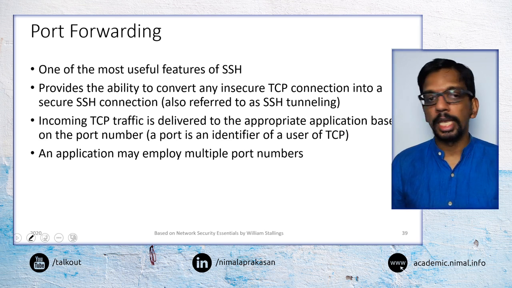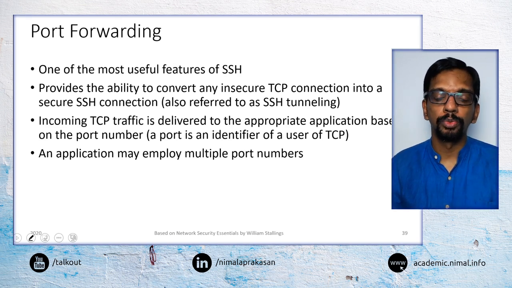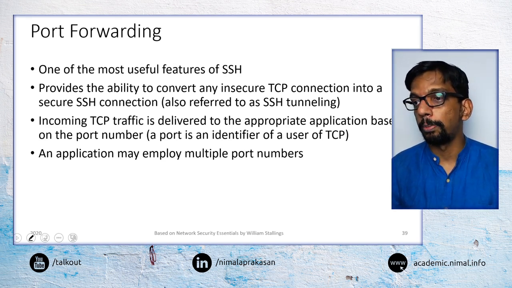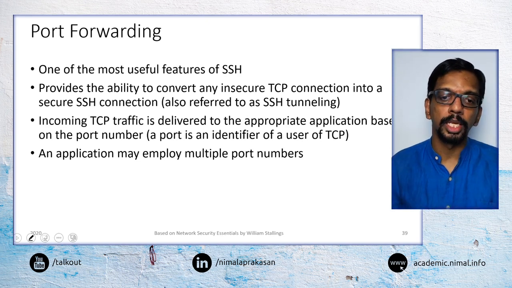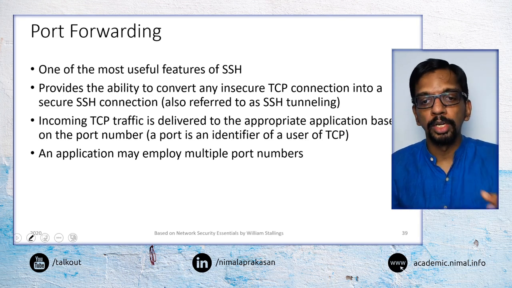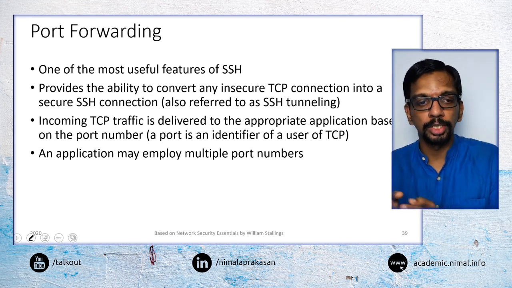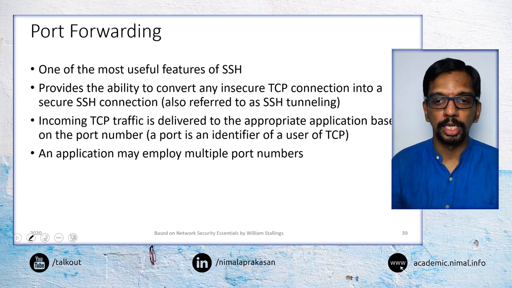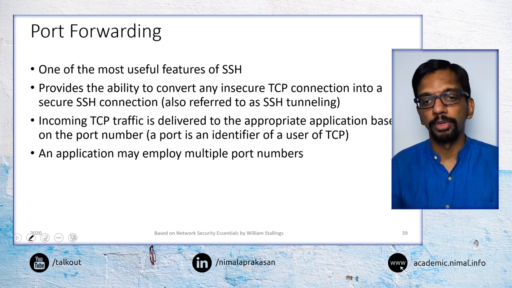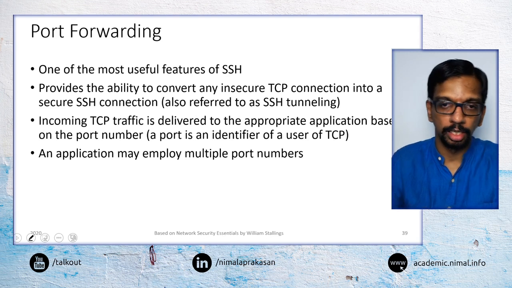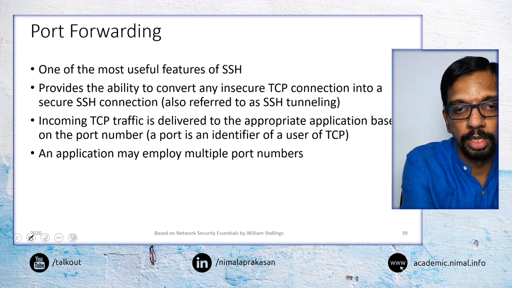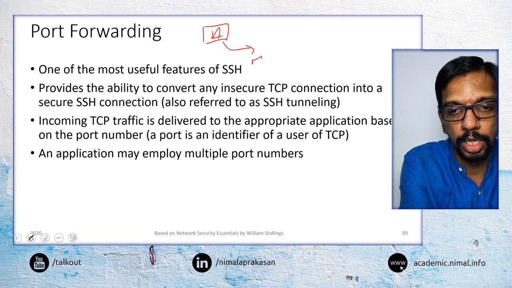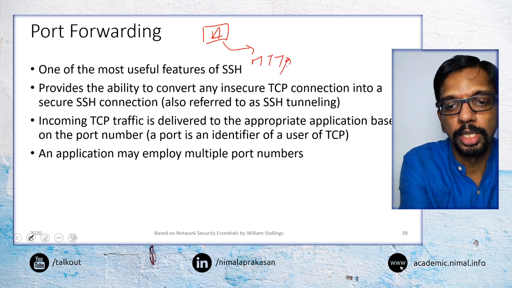When we are using SSH, one of the most useful features is port forwarding. The use of port forwarding is to convert any insecure TCP connections into an SSH connection. This is also referred to as SSH tunneling. For example, we may have an application that is producing insecure HTTP communication.